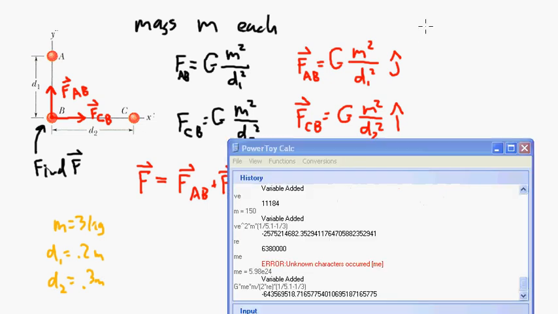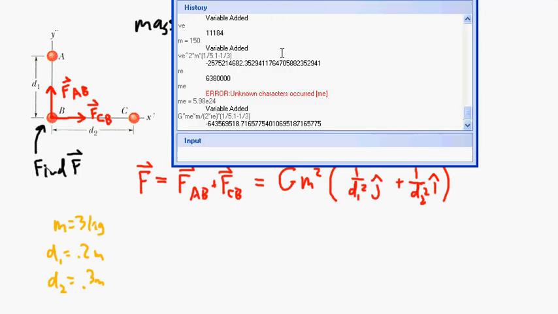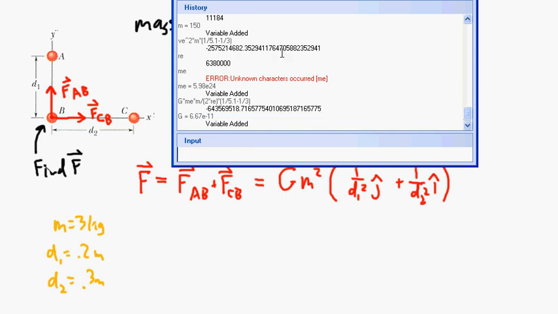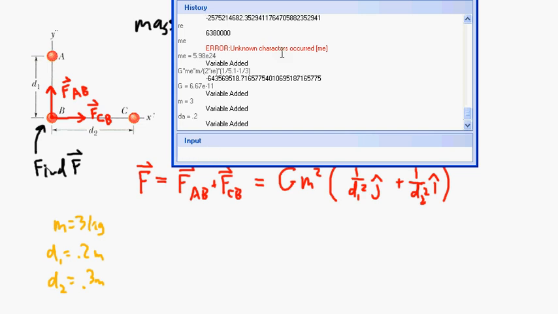And so let's see what that gets us. So G is going to be 6.67 times 10 to the minus 11. M is going to be 3, and then for the distances, I'm going to have to call these dA and dB, because if I try to do d1, it's going to get confused. dA is 0.2, and dB is 0.3.